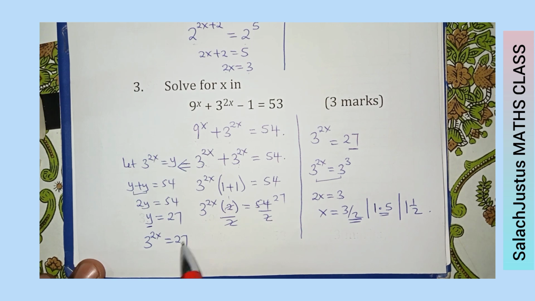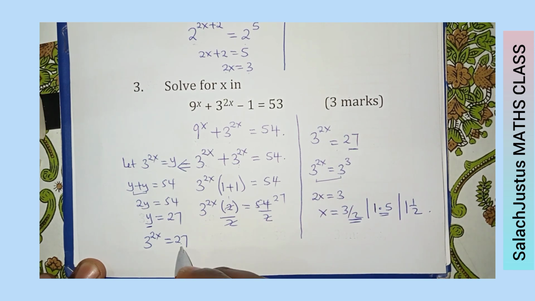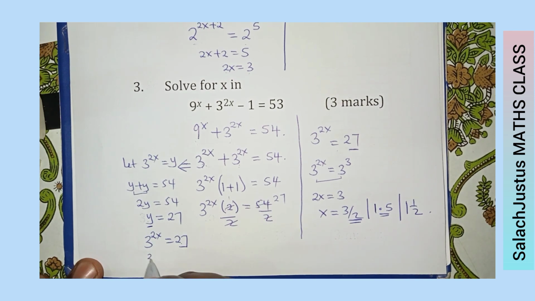This takes us to the point where we write 27 to base 3, and that takes us to 3 to the power of 2x equal to 3 to the power of 3, and that also implies that x is still 3/2. So there are 2 ways to do it.